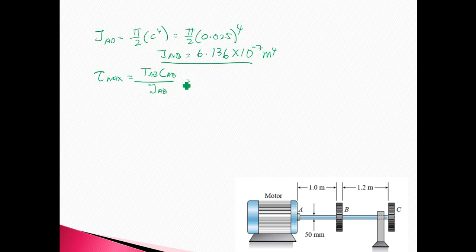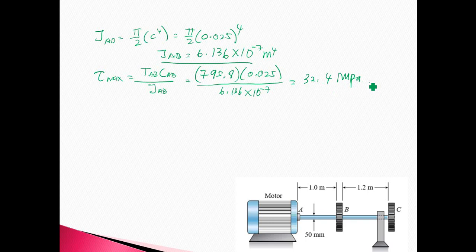So TAB is equal to 795.8, and then multiply by C equal to 0.025, and then divided by 6.136 times 10 to the minus 7. So from here we get the value, tau maximum equal to 32.4 megapascal. Okay, so we are done with question A.